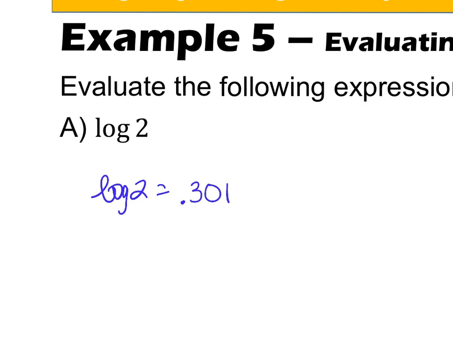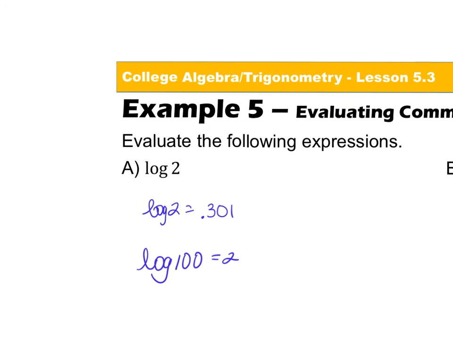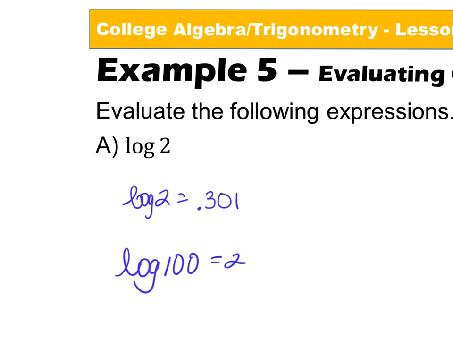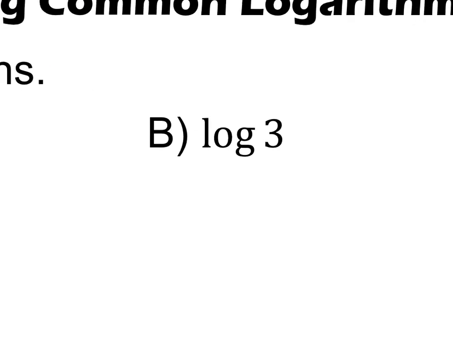If you were to write this as log 100 equals 2. I'm going to put something like this on your quiz. They're not asking you to evaluate using your calculator. They're just asking you to expand it, so you're writing it. What all this means, how would I rewrite this? How many zeros do you think I'm going to use?